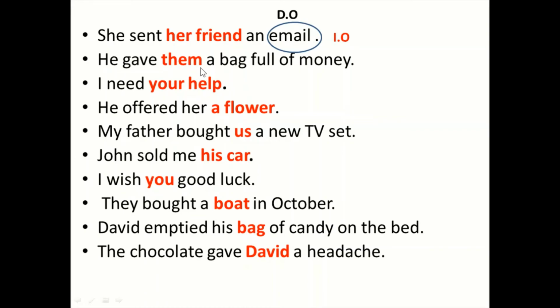He gave them a bag full of money. Them is what here? Direct object or an indirect object? Always we have to check the word. Gave what? Them here is an indirect object.